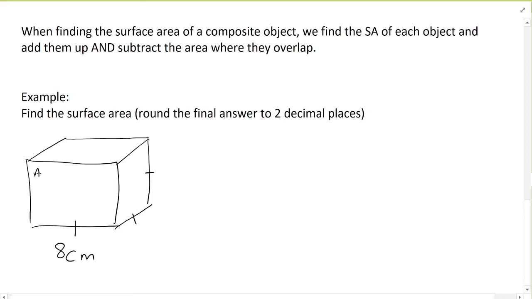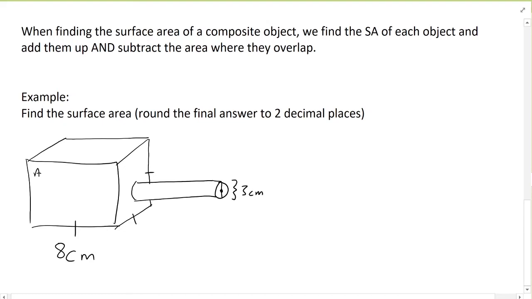Now, attached to it, I'm actually going to have a cylinder. I'm going to have it stick out right here. Just attach this side there. There we go. And this whole thing is 3 centimeters long.